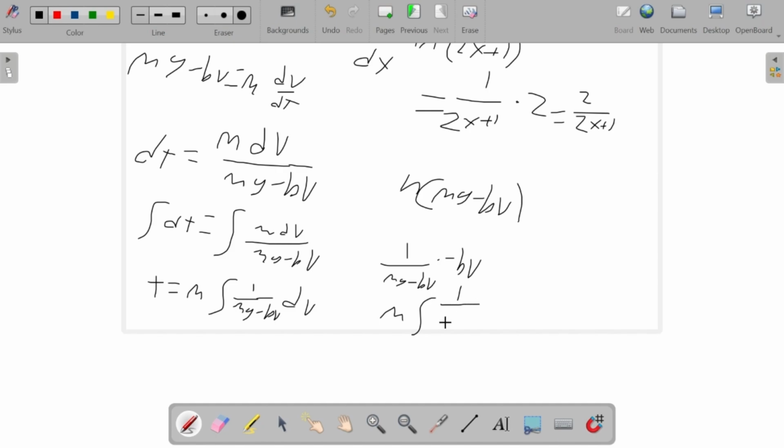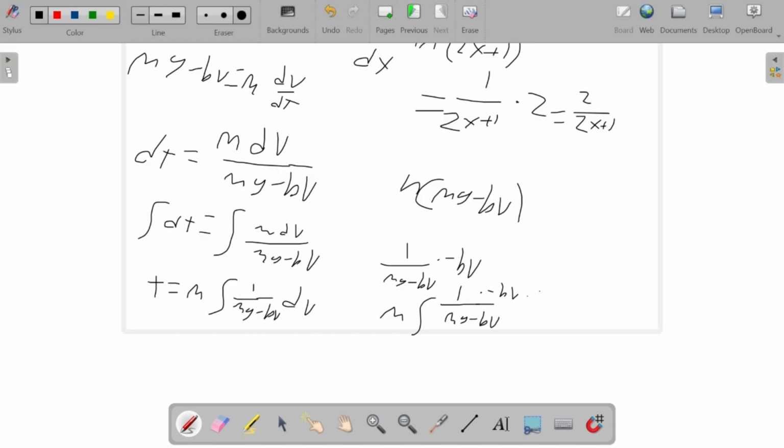Of 1 over mg minus bv times minus bv. In order to keep this as a 0 value, what we're going to do is also multiply by its inverse.